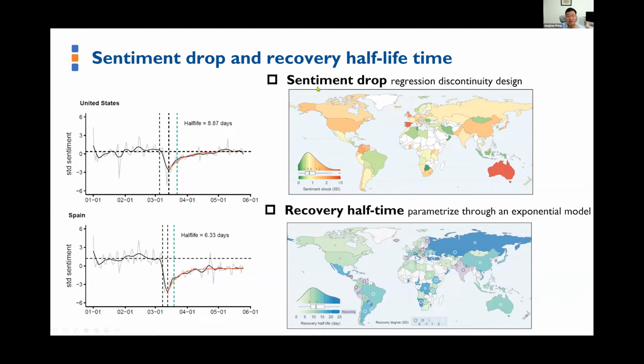So we can then map the sentiment drop globally. Globally, Australia and Spain suffered the most during the pandemic. We can see the sentiment shock in standard deviations mapped, and also the recovery half-life. Like I said, the purple countries don't recover until the end of May.